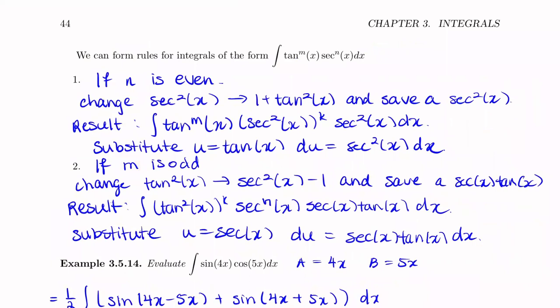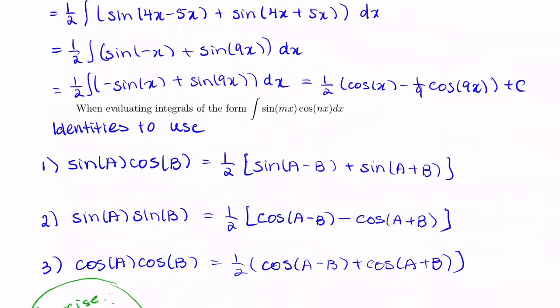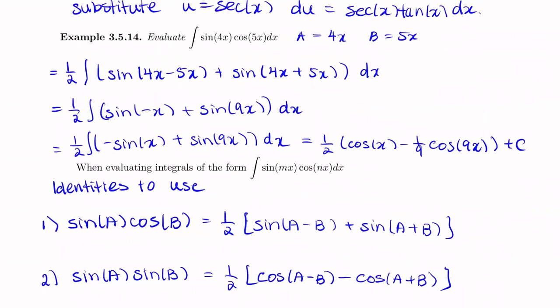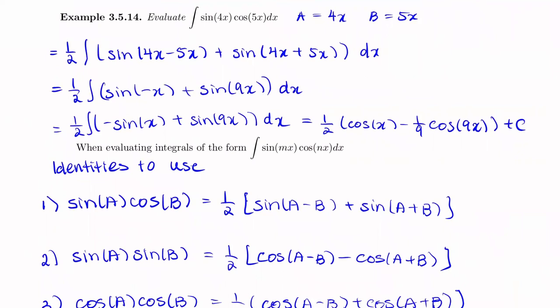And then we also looked at the third rule, where we had larger compound angles, the quadruple angle and the quintuple angle formula. Whenever we had an integral of this form, there are three identities that we would use to evaluate these integrals.